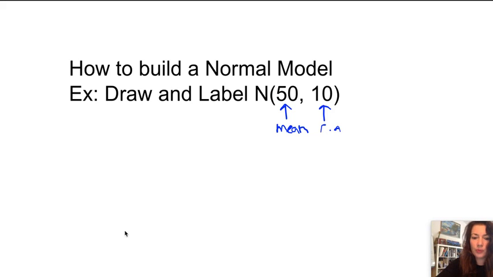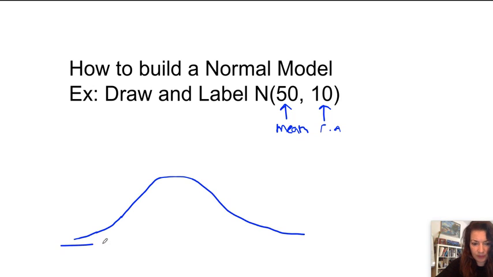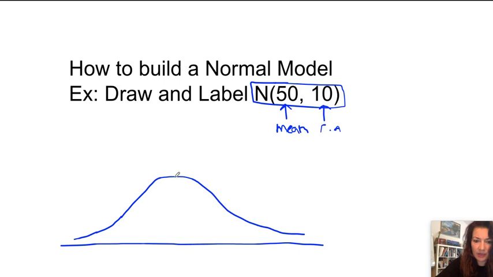What you would want to do is draw a normal model. To the best of my ability, I'm going to draw a curve that looks something like this. And one more thing I want to talk about are the tails. So I'm going to draw an x-axis. Okay, so my normal model is this. The first thing I'm going to do is put my mean, which is 50.